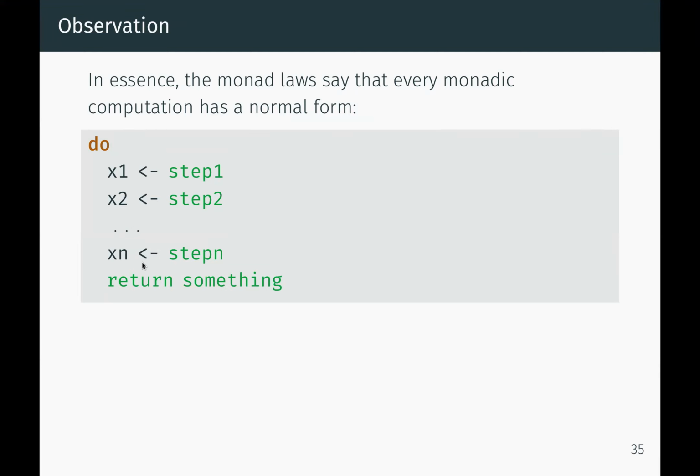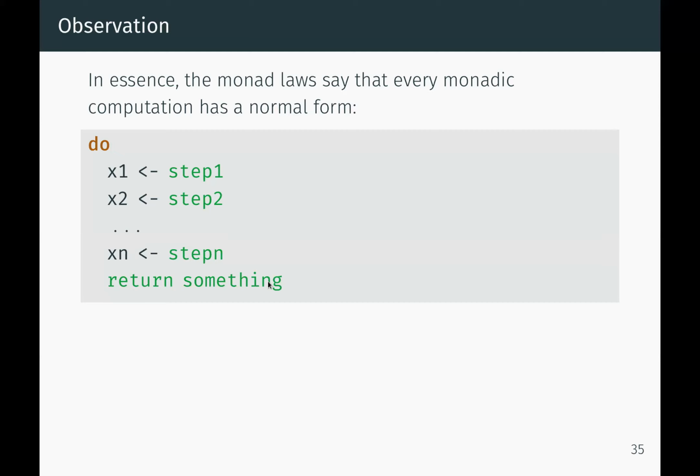So you have a couple of binds. You have one computation, bind the result to some variable. Then you have a second computation that can use this variable and do something else, get a result, and so on and so on. And finally, you can return the result, which can use then this x1 to xn and doesn't do anything monadic anymore.